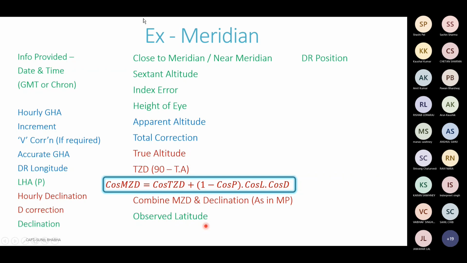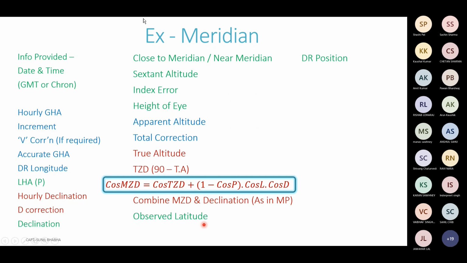But in this case, the observed latitude is not the fixed latitude. Why not? Because in this case, the azimuth of the body is not exactly north or south. The azimuth is close to north or south, but not exactly north or south.